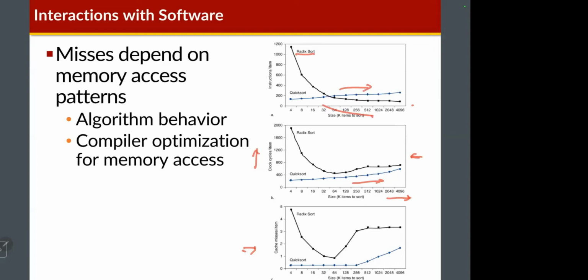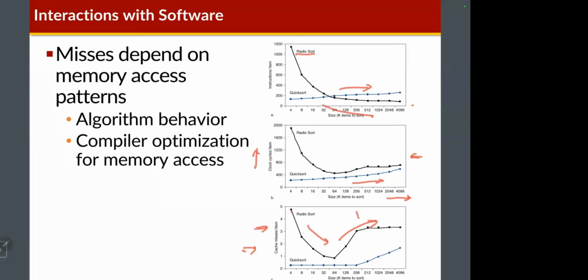And then let's see the performance of the memory system, like cache misses per item. We can observe a different aspect for the different sorting algorithms, right? If we use the radix sort, the cache miss rate increases as the number of items for sorting increases, right?